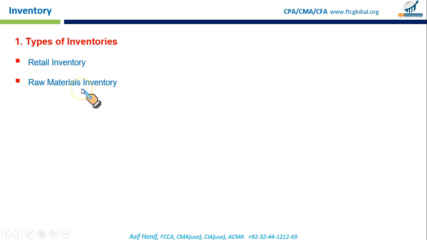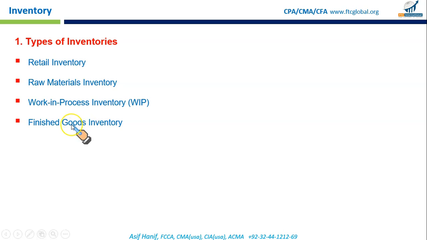Raw materials inventory is the inventory that would be used in the production process to create other products, like maybe we purchase wood or metal that we will use in manufacturing of furniture. Work in process inventory is inventory that is in production but not yet completed, like a car that is half assembled and still on the production line.